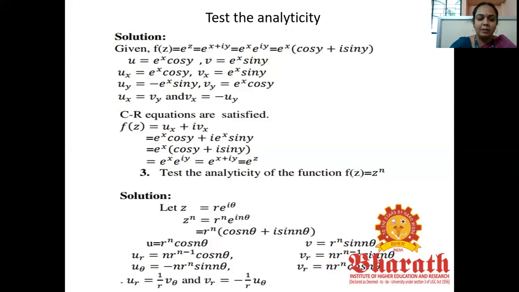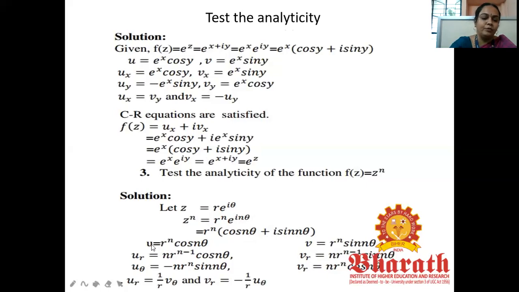So z power n, the nth power, is r power n e power i n theta, and r power n e power i n theta is r power n, cos n theta plus i sin n theta. Here we compare the real part and the imaginary part; then only we can take the derivative. So u, the real part, is r power n cos n theta, and v is r power n sin n theta.